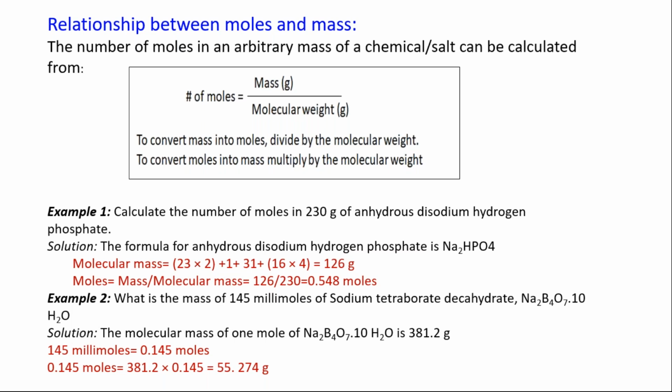So 1 millimole will therefore be 381.2 milligrams. So 145 millimoles will be this multiplied by 145, or 381.2 into, if you convert millimoles into moles, 0.145, you get 55.274.